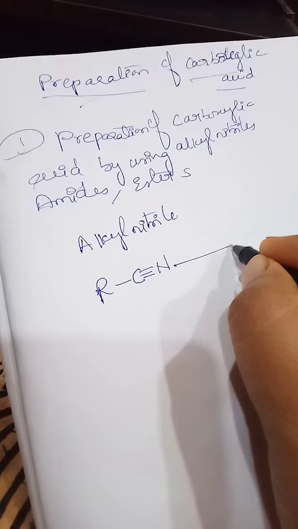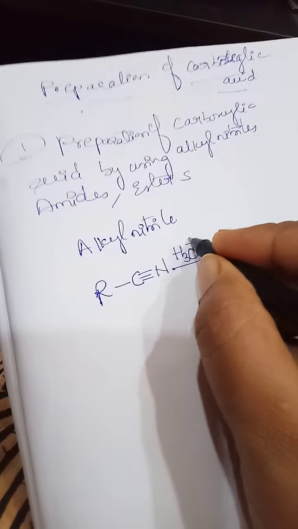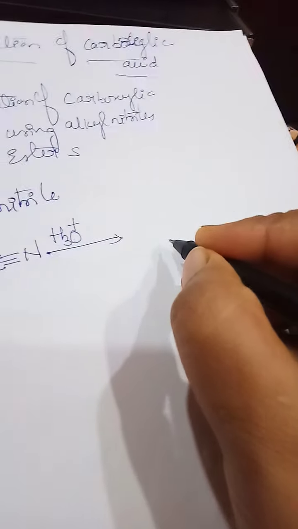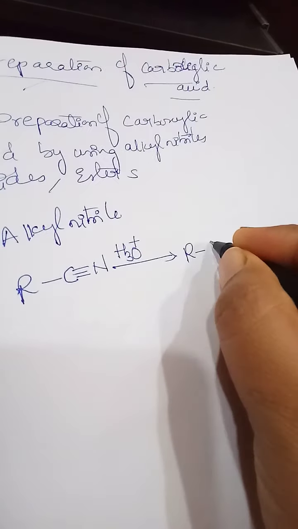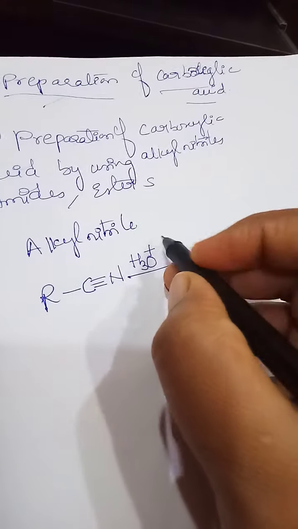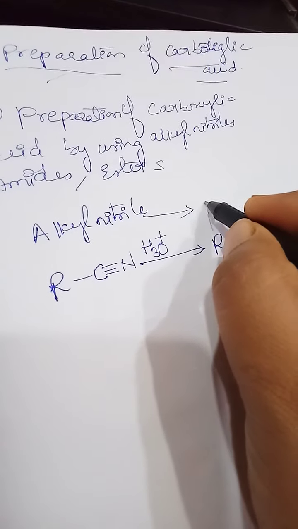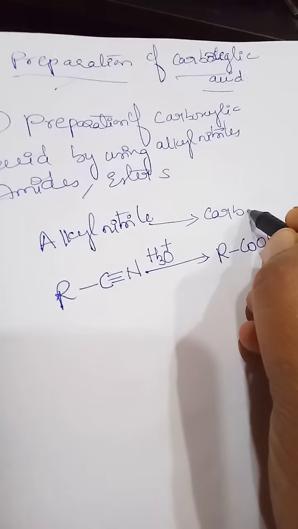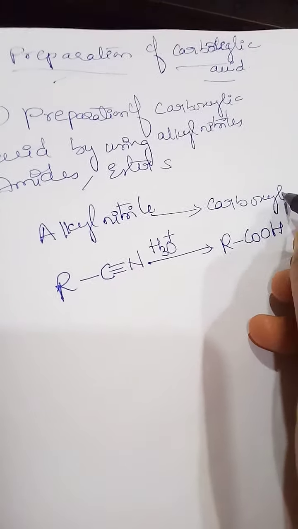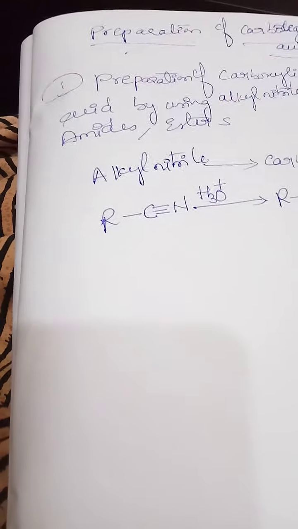When this alkyl nitrile is subjected to hydrolysis, we get a carboxylic acid. Alkyl nitriles are converted into a carboxylic acid in acidic medium; or we can also go for a basic medium.